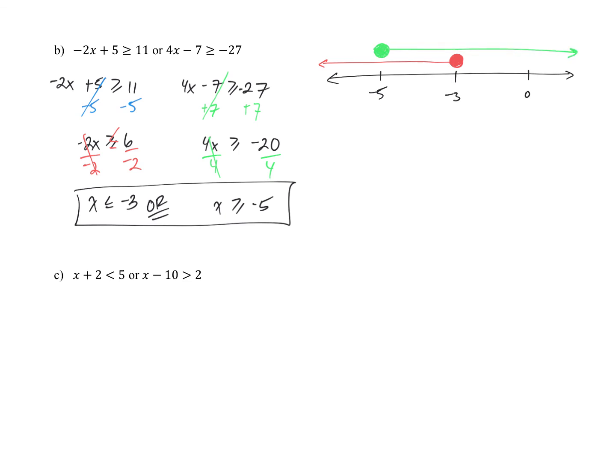And we are taking or, so or means everything. Well, everything would be the whole number line, so that's from -infinity to positive infinity. The whole answer, so all the possible numbers fit inside this union.